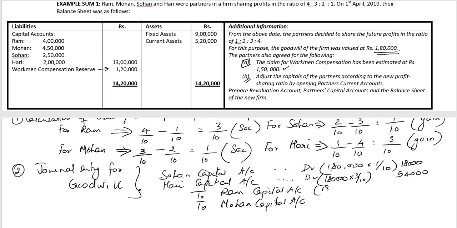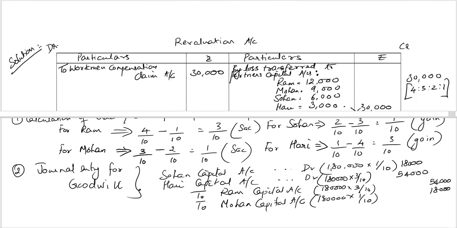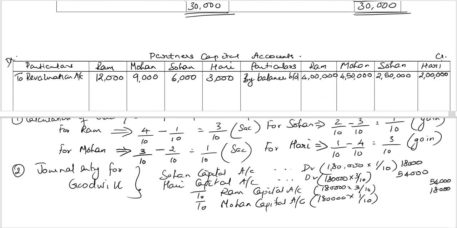Against Ram, it's 1,80,000 rupees into his sacrifice 3 by 10, 54,000 rupees. And against Mohan, 1,80,000 into his sacrifice 1 by 10, which is 18,000 rupees. So let's post these figures in the partners' capital accounts.